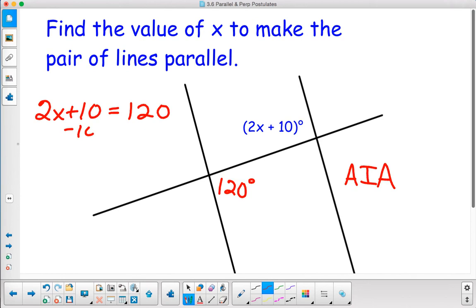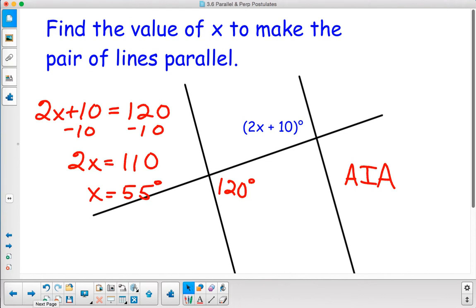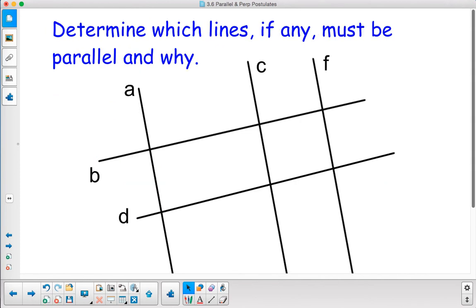So how do you know whether to set them equal or whether to add them up? It depends what pair they are. So are they pairs that have to be congruent or supplementary? The same side interior angles are the ones that have to be supplementary. I think I kind of talked about that one with 2 going each direction. This one's just a little bit more complex with all 3.